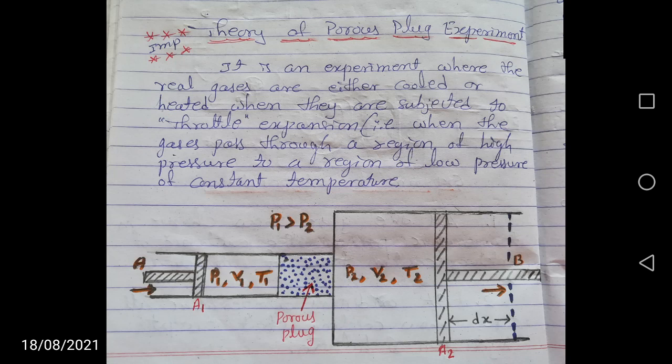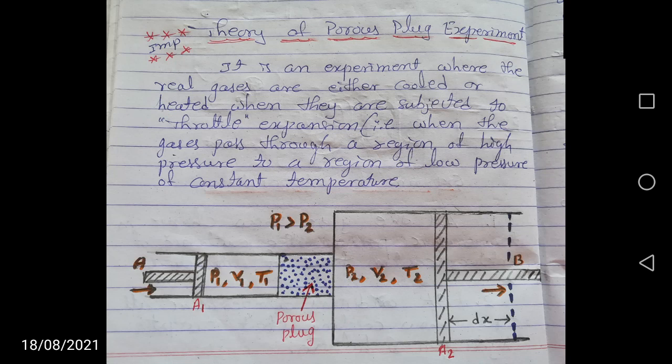In between there is a porous plug. The dotted spots show the porous plug. So it is a high pressure region. When the gases pass through this region, they enter the low pressure region, that is the cylinder A2, having pressure P2, volume V2 and temperature T2.